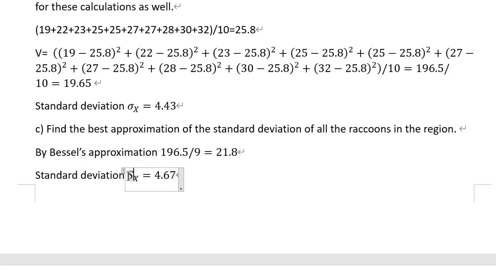So you're using the sample to predict the entire standard deviation. So this Sx is the bigger number. So whichever is the bigger number will be the standard deviation of the best approximation for the entire population, whereas the smaller number is the standard deviation for your own sample.